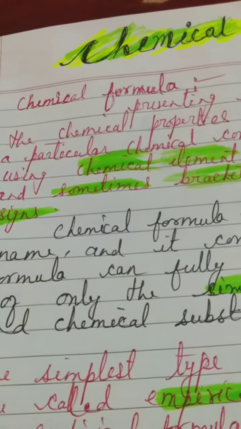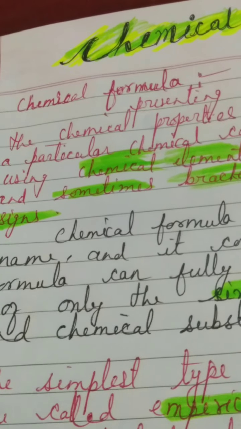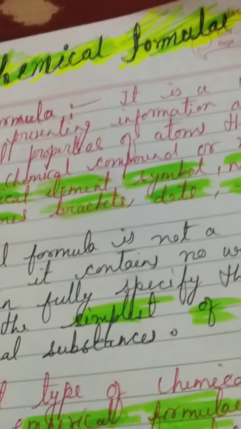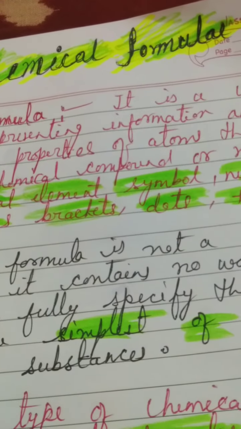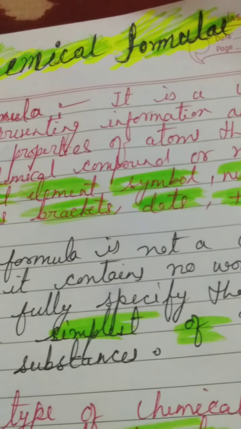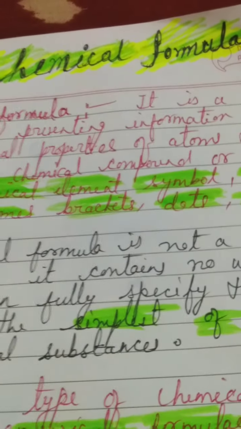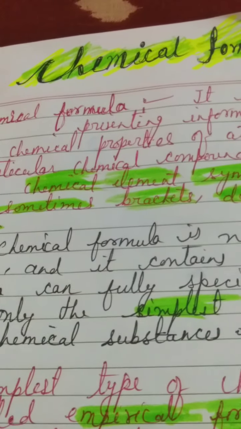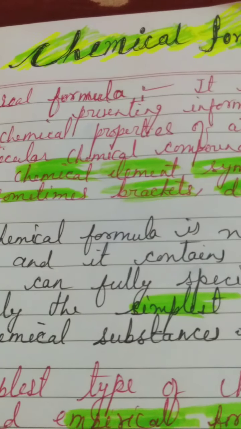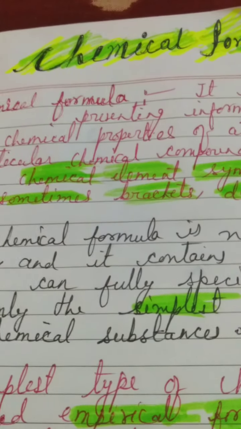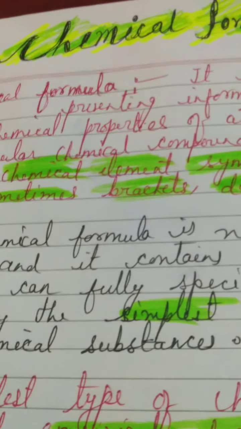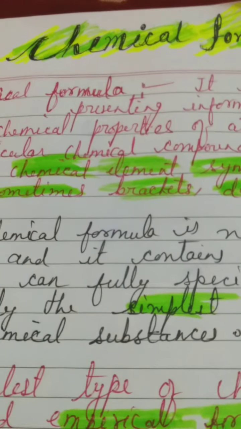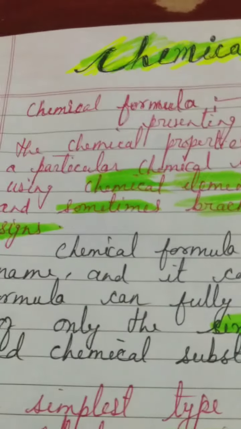The chemical formula is the representation of correct information about the elements, the number of elements, the kind of elements, the number of atoms of each element, the type of compound, etc., hidden in just one representation, and that is not a PowerPoint representation, that is the chemical formula representation.